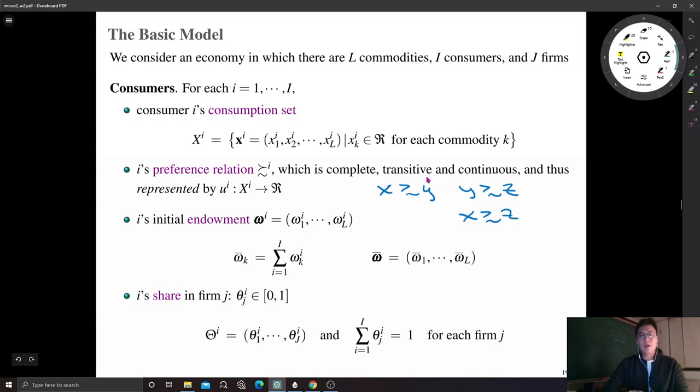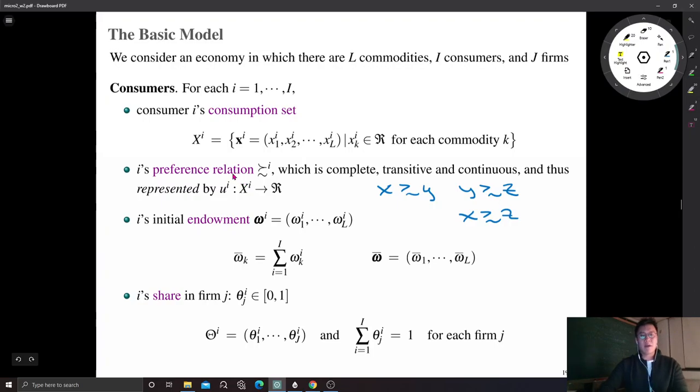If a relation satisfies these two axioms, we say the preference relation is rational. And we need one more technical assumption, continuity. I think you have studied that lexicographic preferences do not satisfy this continuity axiom. But if relations satisfy these three axioms, then we have a continuous utility function that represents the consumer's preference relation.